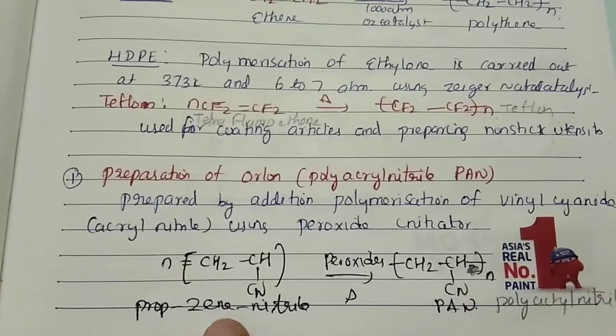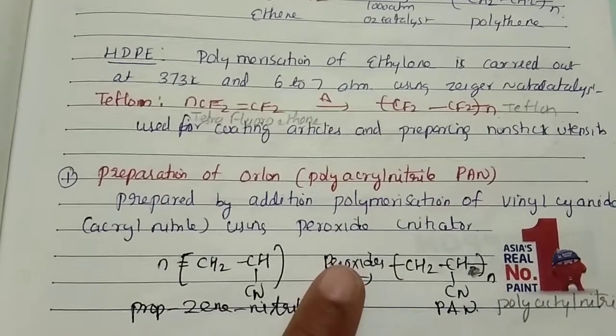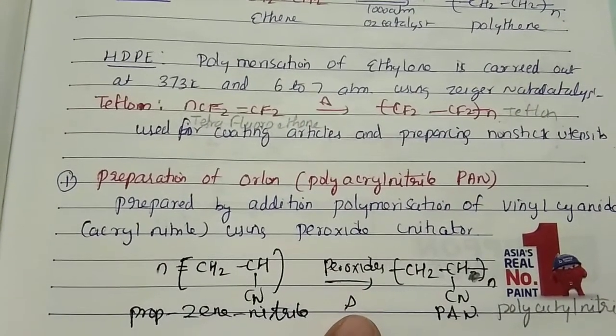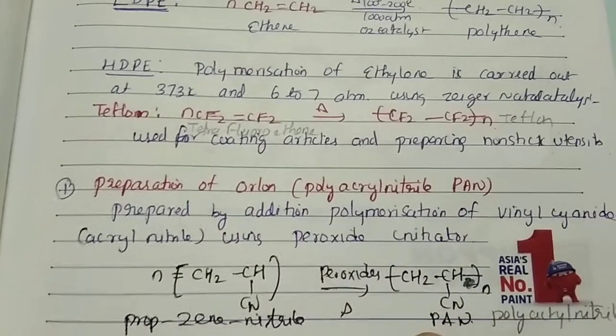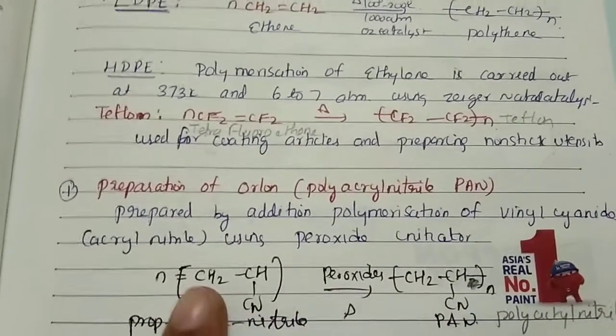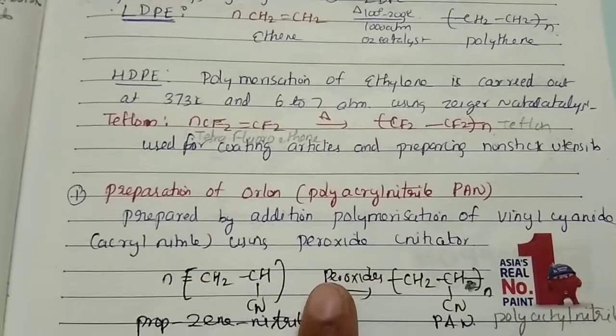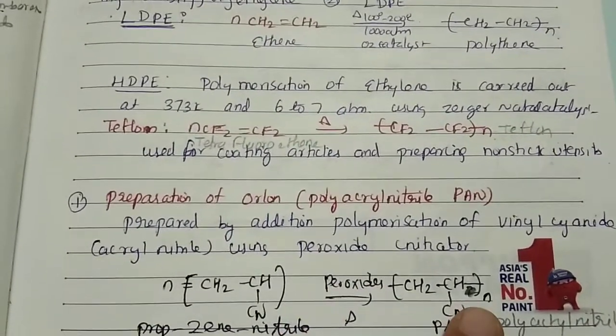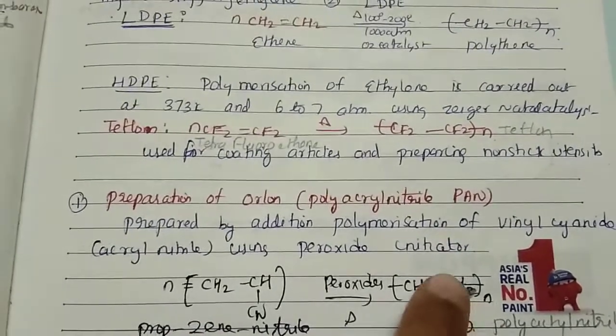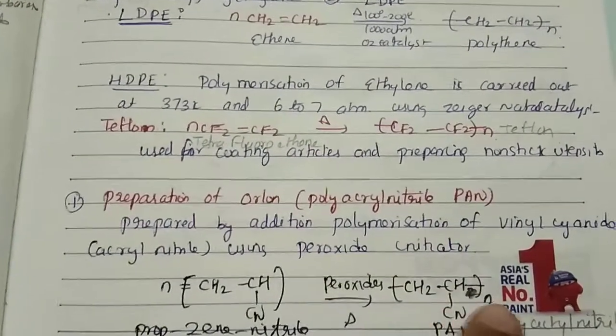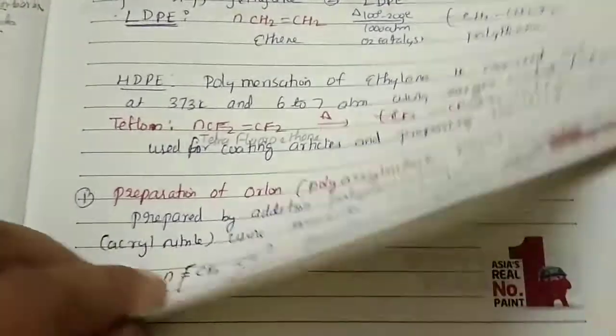So propene nitrile, with peroxide initiator on heating, we are getting the PAN structure, polyacrylonitrile. This double bond breaks, we are getting a single bond. CH2 CN molecule, it comes again and again, that is called PAN.